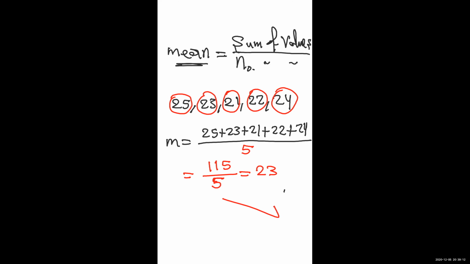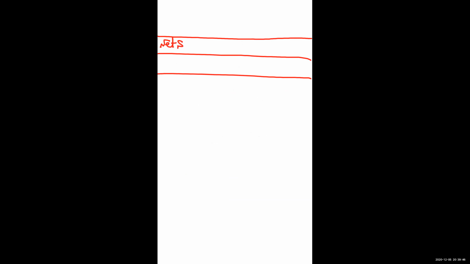Now, how to find the mean of data from a frequency table with sets. I will start with a simple example first. There is a table like this. The following table shows the distribution of the marks of 50 students in mathematics. The first column is the sets, and this is the frequency.